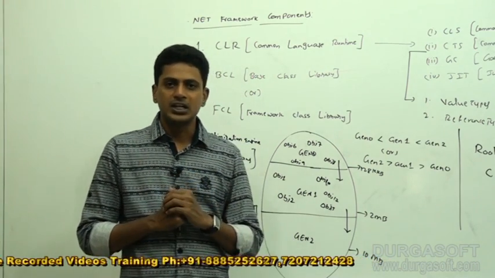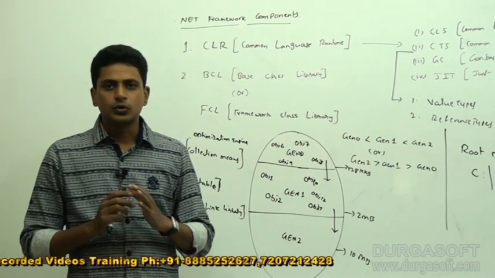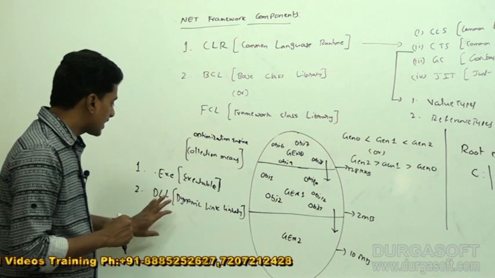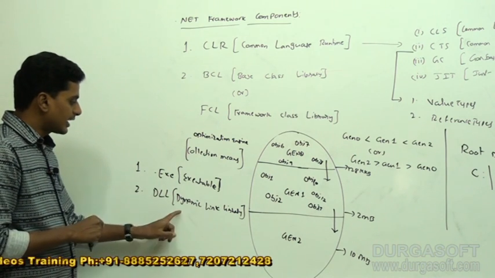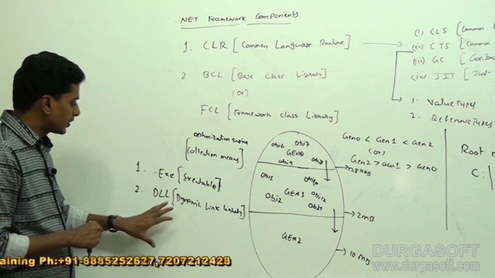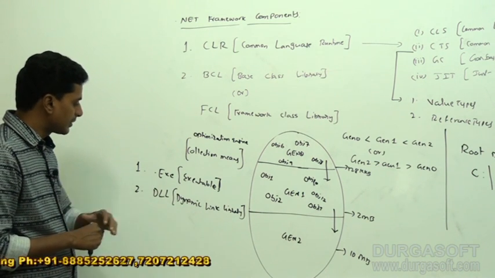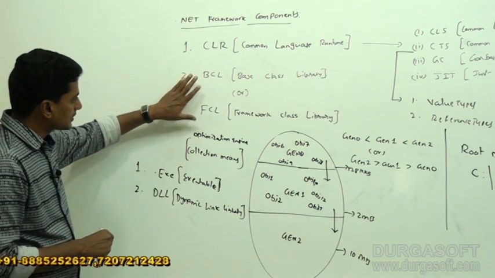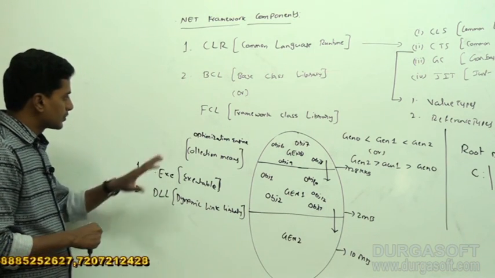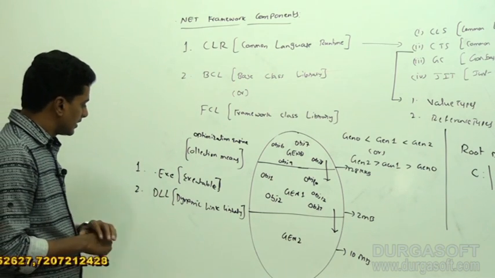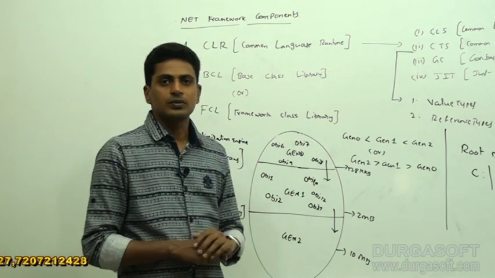A DLL does not run individually because it does not contain any entry point, that is static void main. It is just a supportive file. Dynamically we add a link in the form of a library, which is why it is called Dynamic Link Library. So .exe and DLL are the forms of base class libraries, and using DLL we can achieve reusability.